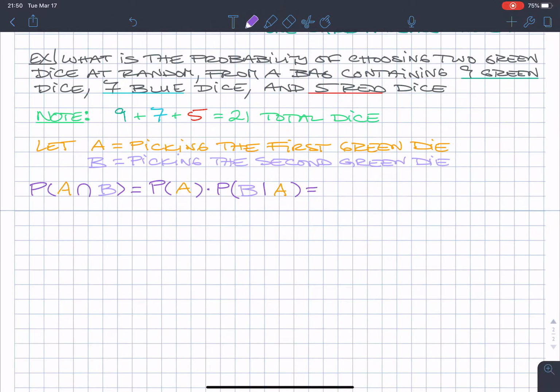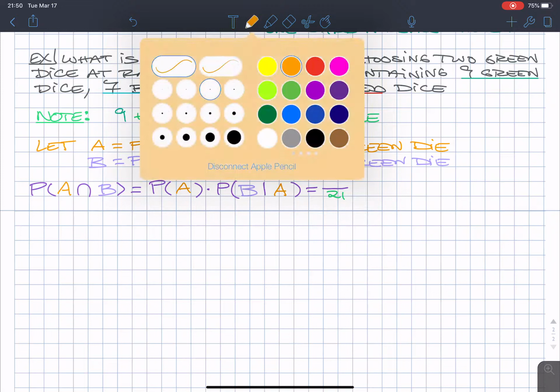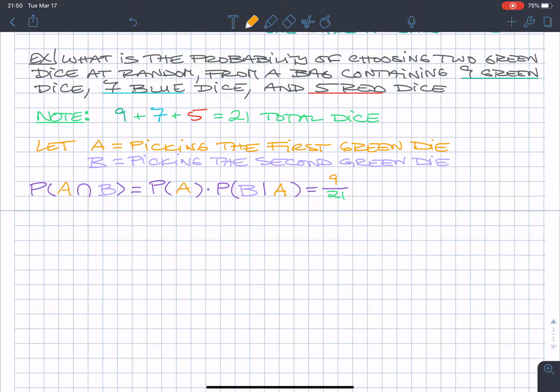Okay, so what is the probability of picking the first green die? Well, do you agree that originally there are 21 dice, of which there are 9 green dice, right? So that should be, let me do that in orange to keep it color-coded. So there's 9. That's the probability of A, 9 out of 21.